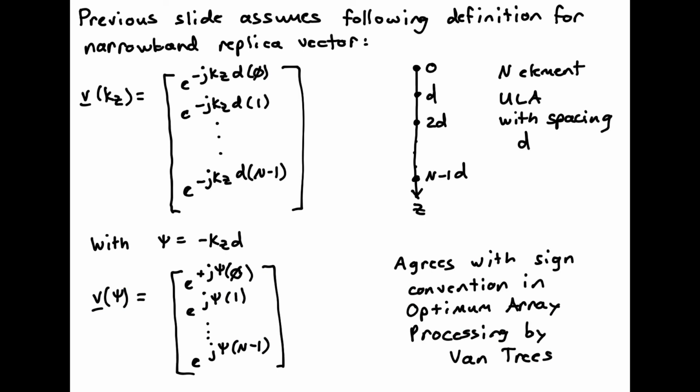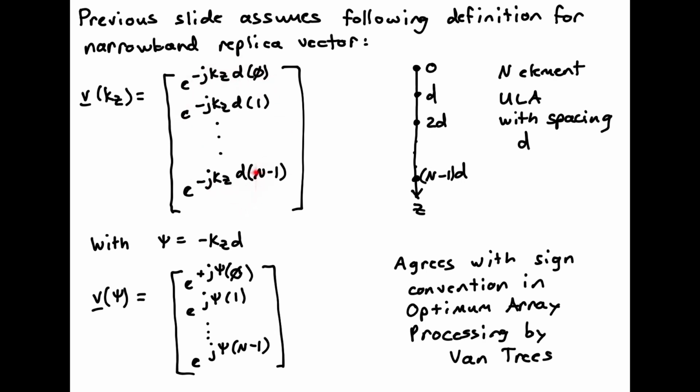I just wanted to briefly mention my definition for the narrowband replica vector. We can write it as a function of the wave number kz, and if we're assuming an n-element ULA with spacing d, meaning z goes in this direction, I have the first sensor at 0, the second sensor at d, 2d, etc. So then my narrowband replica vector looks like this.